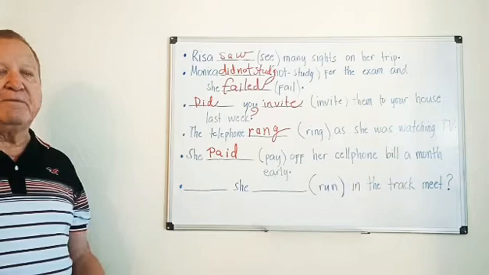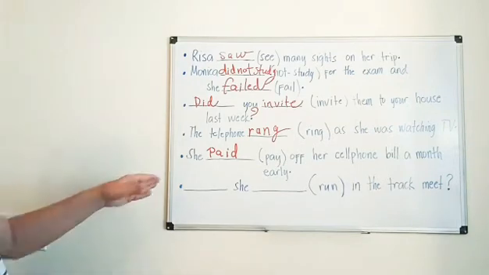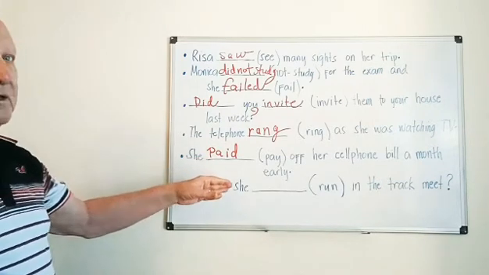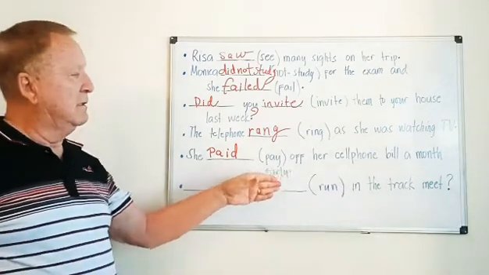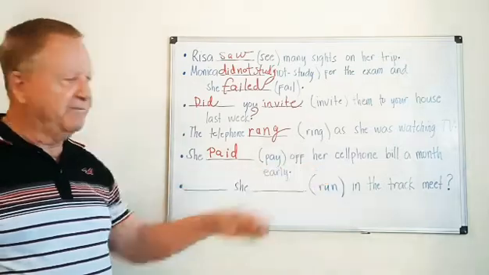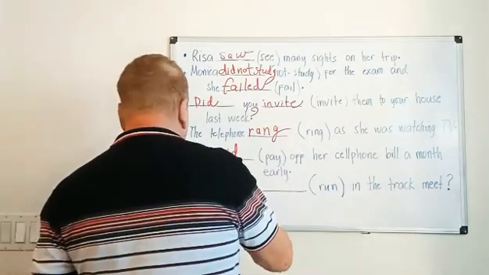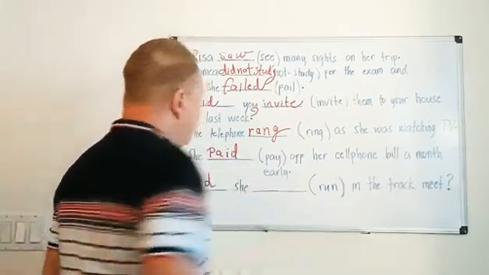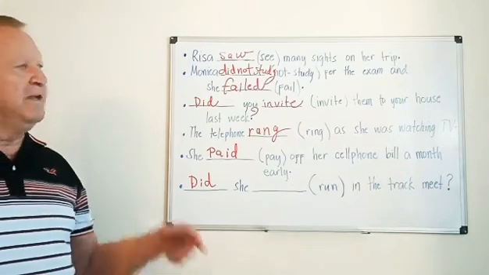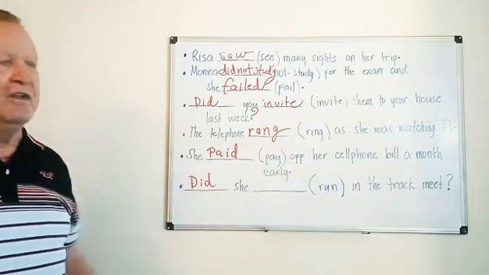And the last one for today actually, we've got another question. Blank, she, blank, run in the track meet. Question. So it's going to be did she. Now the past tense of run is ran, but since it's a question, we're not going to change the form.